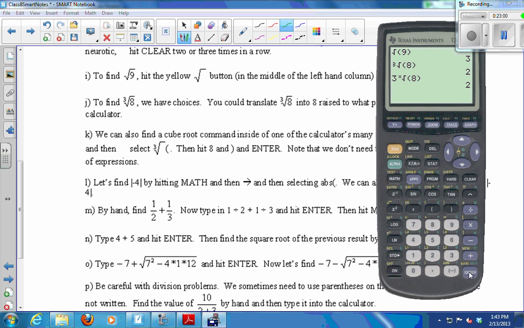Yes. And then it pops up in your home screen, and then you just type in the number that you want the cube root of. In parentheses, yeah.